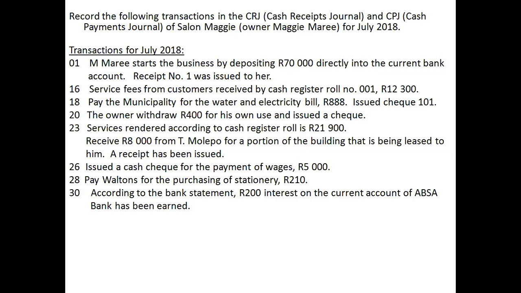So that transaction on the 30th must go to the CRJ. It's about interest. It's 200 Rand. And your source document is a bank statement here. I'm going to show you now the entry, but quickly scan through the transaction again.